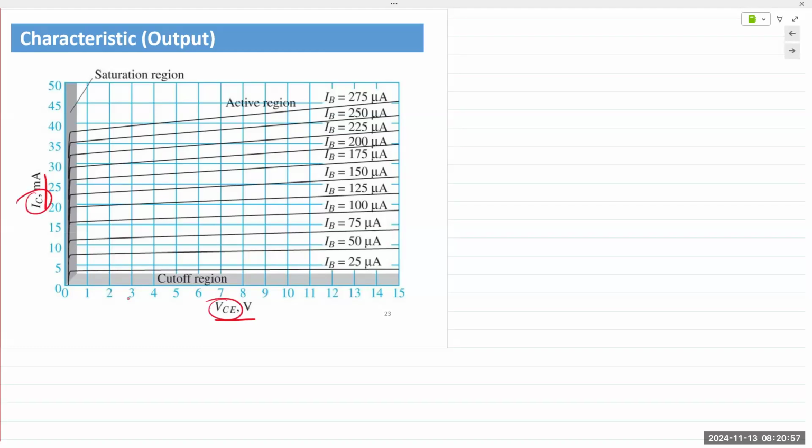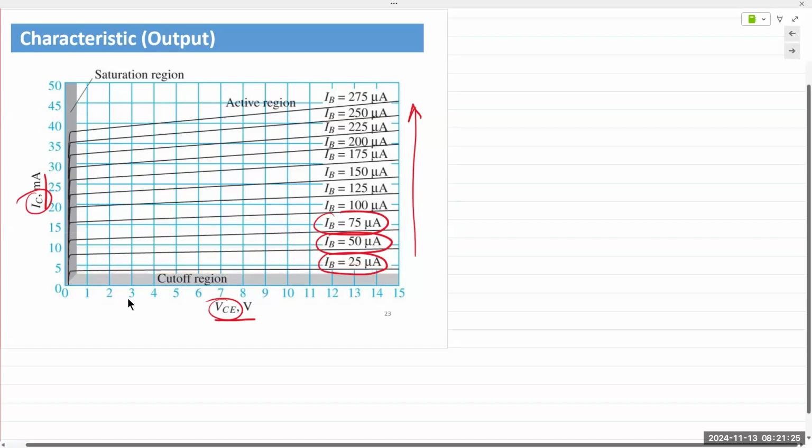You have a set of curves for every input current at the base terminal. So for every value of IB, you have a set of curves, meaning you're changing the output voltage and seeing what the response for the collector current is. For the most part, as you can see here, it's almost a flat line.